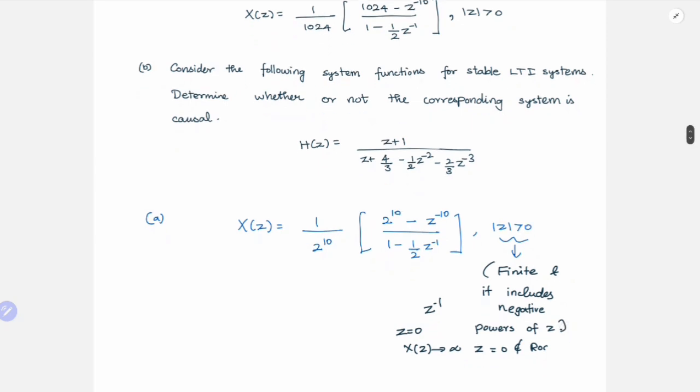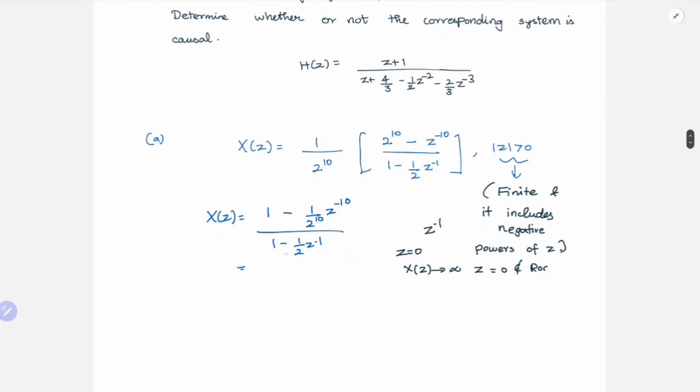So let us see what happens. X of z, I can write it as, 2 power 10, if I take it inside, I'll have 1 minus 1 by 2 power 10 z power minus 10 by 1 minus 1 by 2 z inverse. So this is nothing but 1 minus (1 by 2z) whole power 10 divided by 1 minus 1 by 2z.